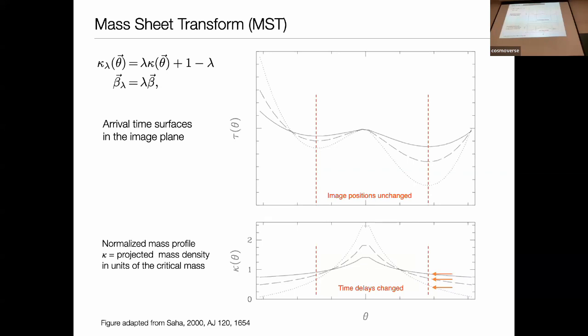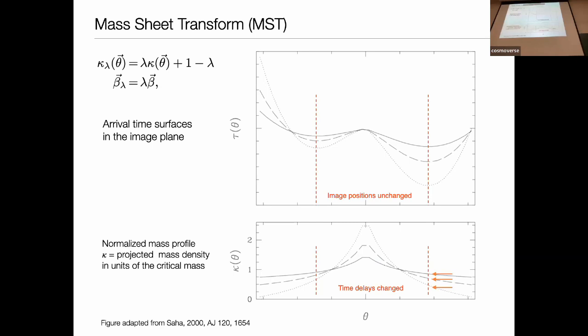So now this is a cut on the plane of the sky, and those are the different mass profiles for the lens. So we can make the lens sharper and add some mass, or make it shallower and subtract some constant mass. This will produce arrival time surfaces. That's the arrival time of photons as a function of position on the plane of the sky.